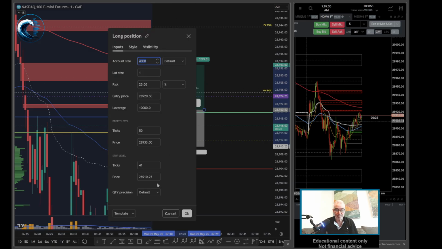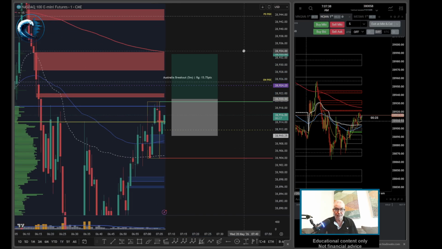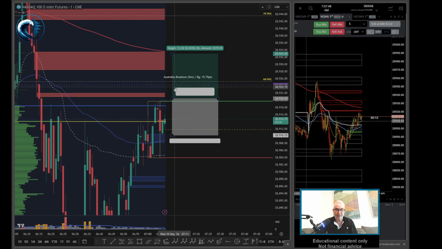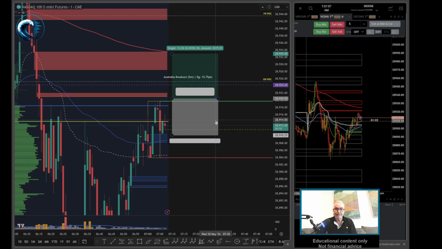Did that work? So we're up on those levels. If that was closer to here, rather than, see, it's got to do a bit of work to get through here. So it's too big a risky trade. But if this was up a bit higher, within my 50 tick range, I would have considered that trade.